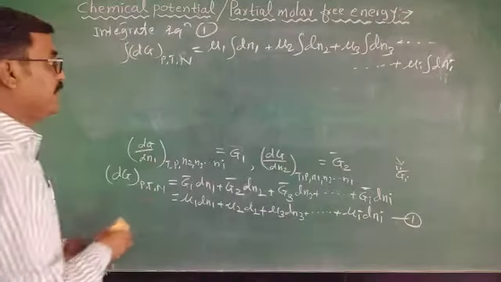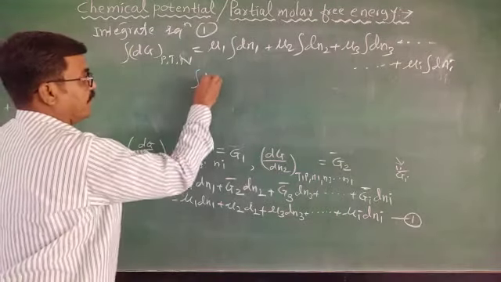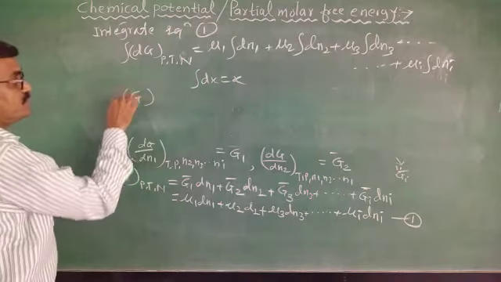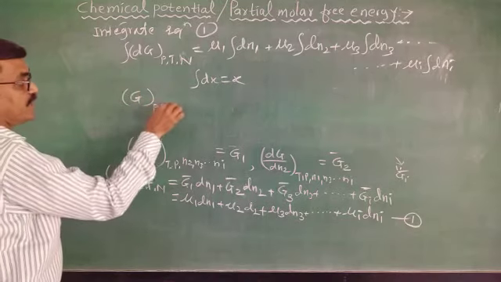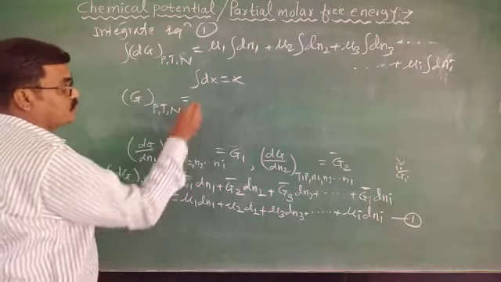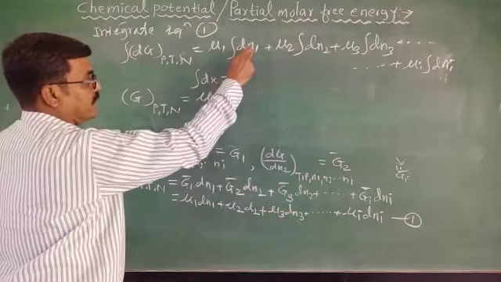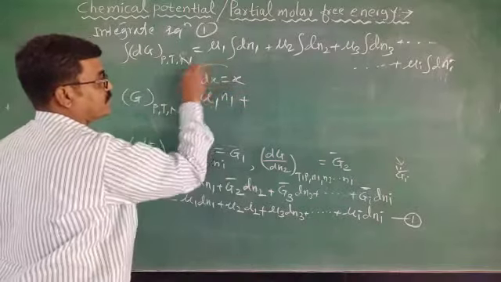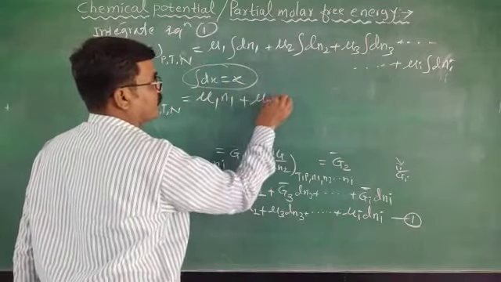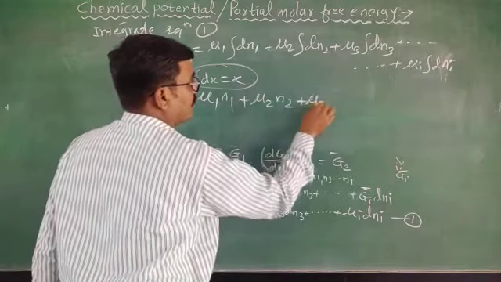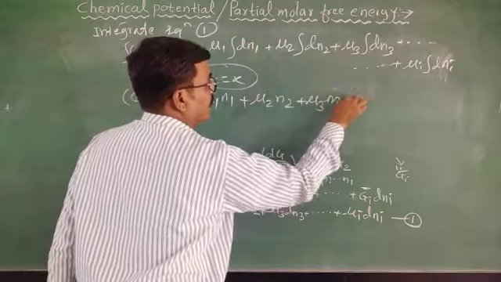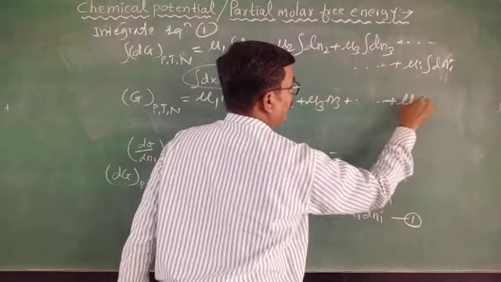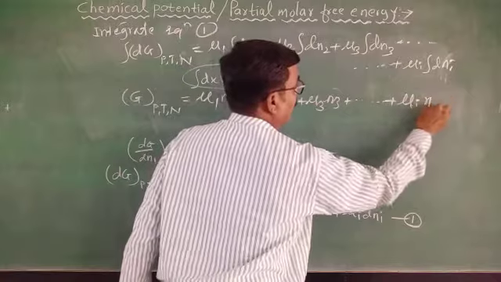Now after solving this simple integration, what do we get? The integration of dx is x, so the integration of dG is G. Now G at constant pressure, temperature and number of constituents equals mu1 into n1 plus mu2 into n2 plus mu3 into n3 plus up to the last term, mu i into ni.